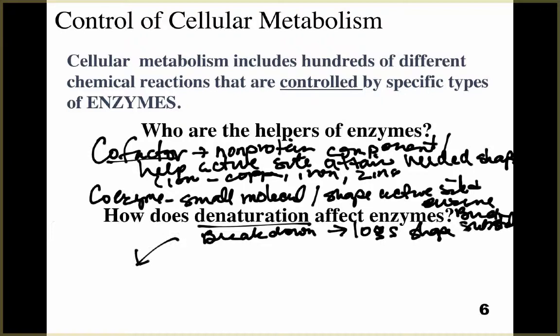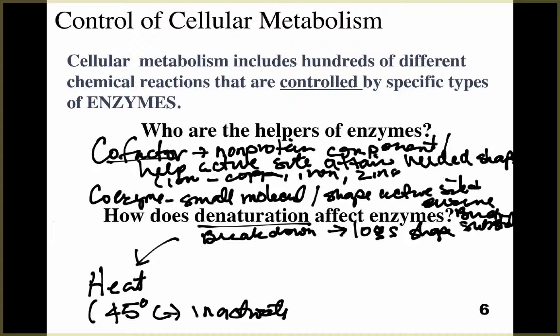A big example that you might see in our body is excess heat. So 45 degrees Celsius is going to inactivate proteins, and greater than 55 is going to denature them, which means it's going to change their shape. So excess heat can do it.